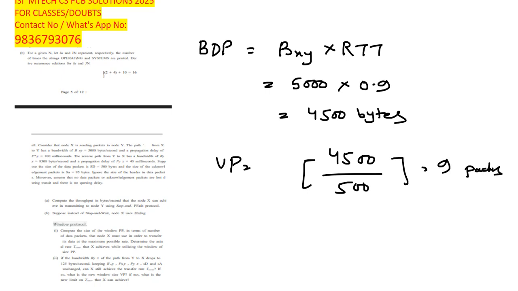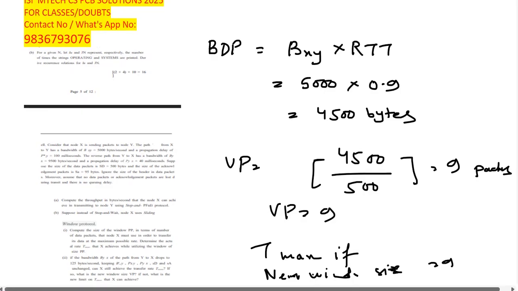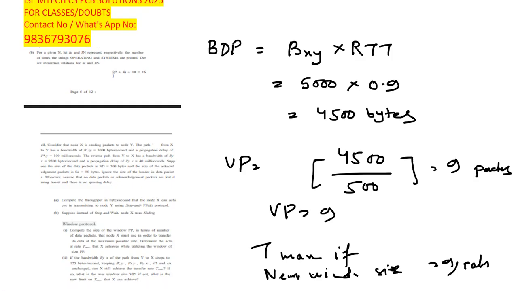Okay, so to achieve 5000 bytes per second, the window size must be the BDP, that is 9. So yes, node X can still achieve T max if the new window size is 9 packets. Okay, and if the window size is fixed below 9, throughput will drop. Best of luck, students. If you need further explanation or anything else, you can WhatsApp on the provided number.